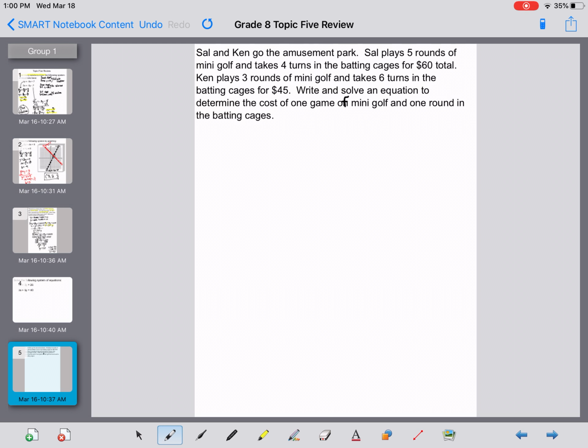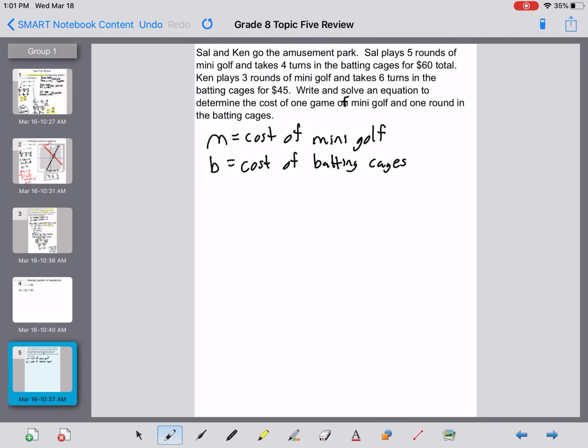To start, again, I am going to label my variables. For this one, I'm going to say M is the cost of mini golf, and I'm going to use B as the cost of the batting cages. I'm going to write an equation for each person.